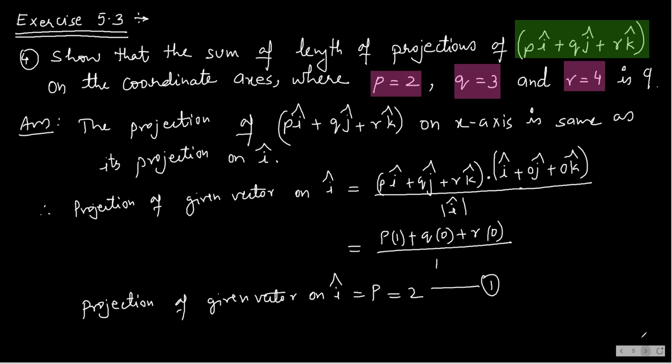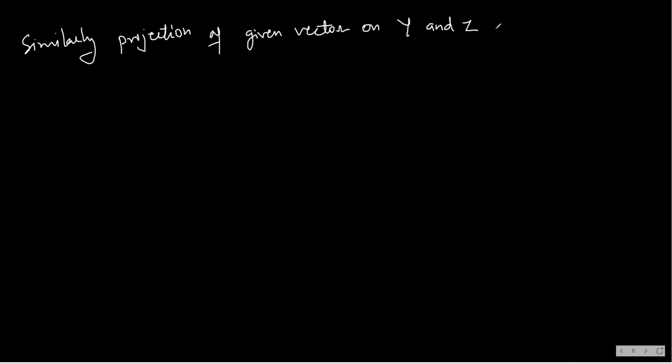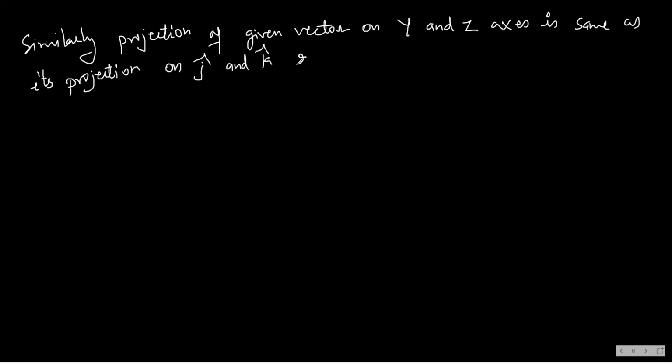I will write similarly, the projection of the given vector on y and z axis is same as its projection on j cap and k cap respectively.